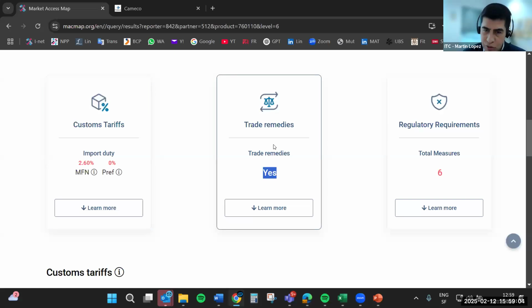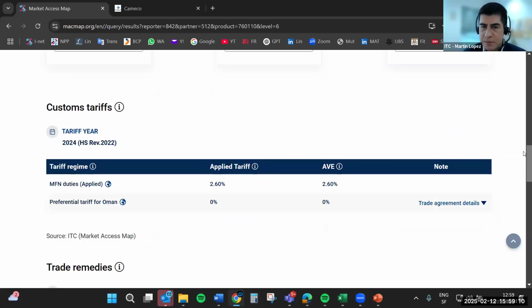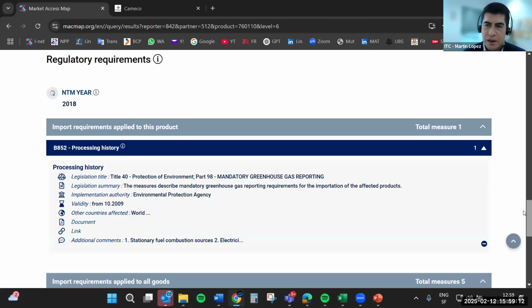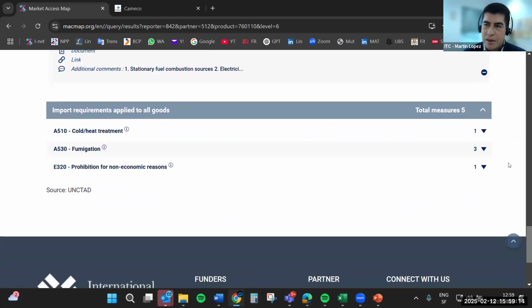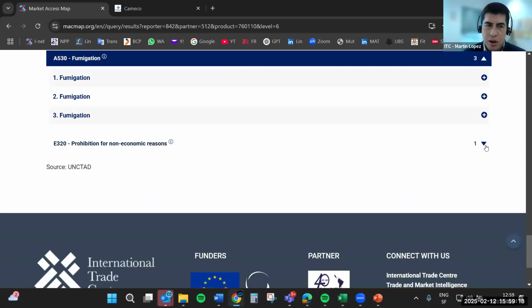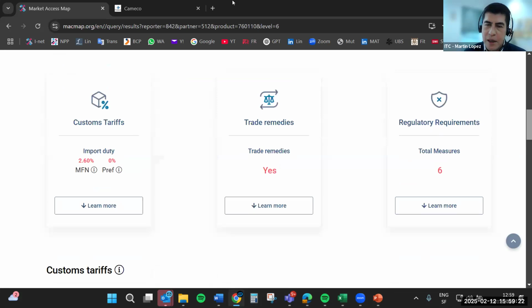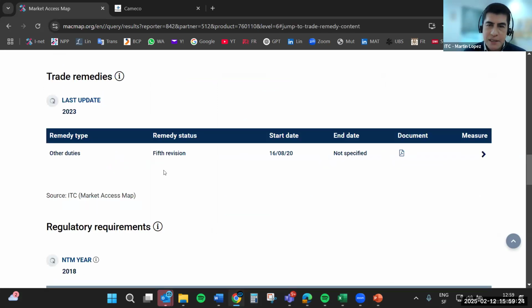Oh yes, there are trade remedies in this case, and there are 6 measures to be respected to access. Only 6. Well, 6 measures to respect when exporting these products to the USA market. Let's have a look at the trade remedies.